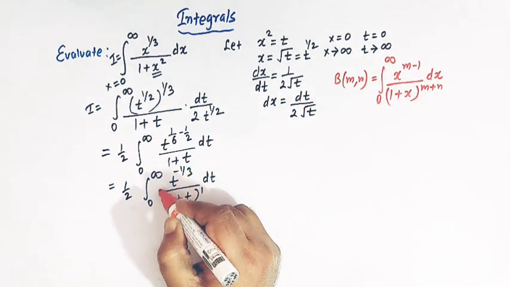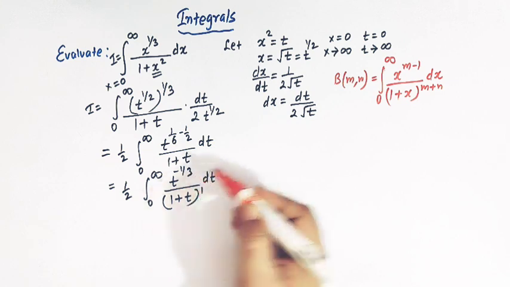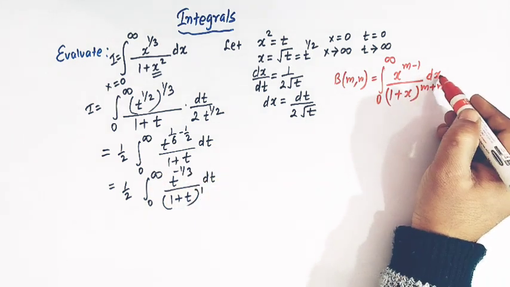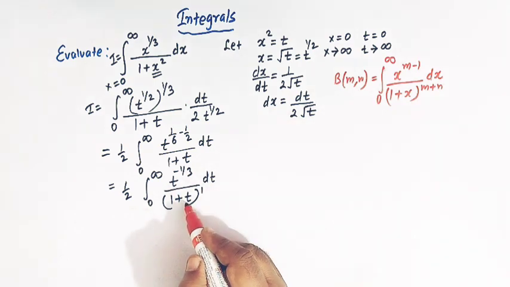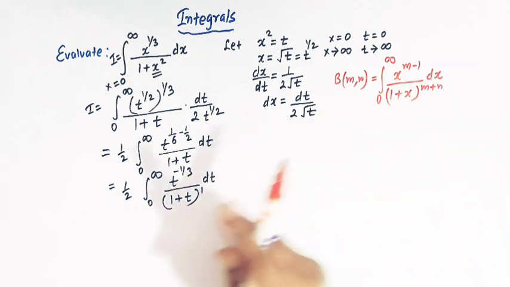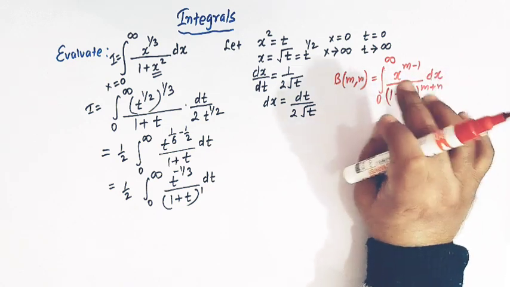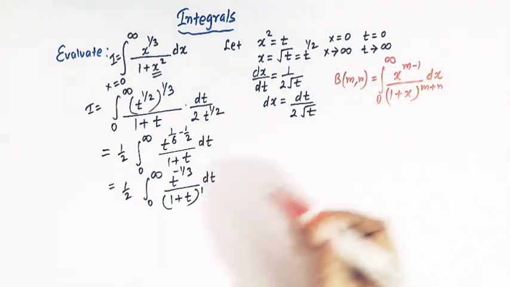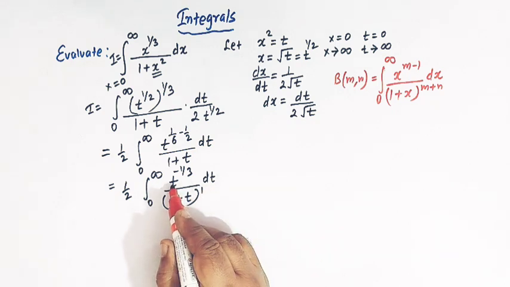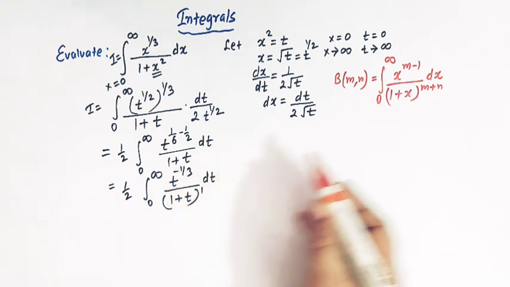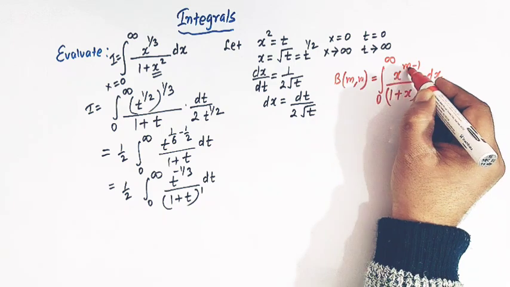So now our aim is to express this quantity like this. Here the variable is x and here the variable is t. The variable is not going to make any difference because in definite integrals this is a dummy variable. So here we have t raised to minus 1 by 3, and here we have x raised to m minus 1.